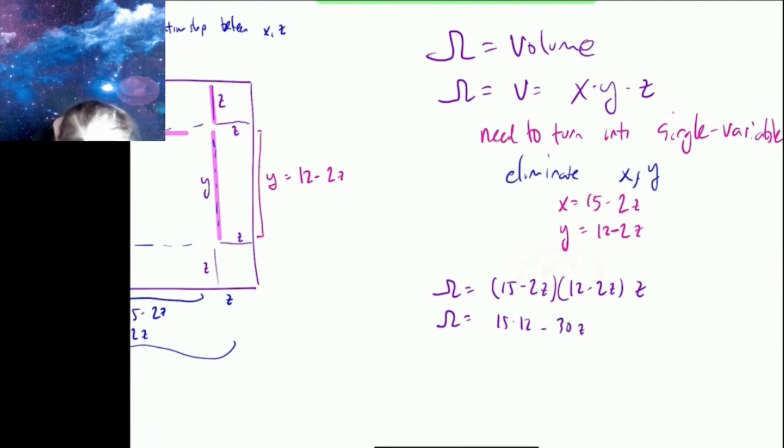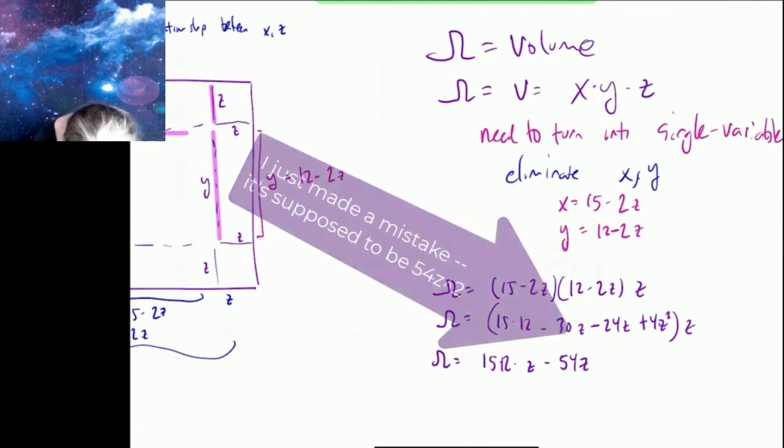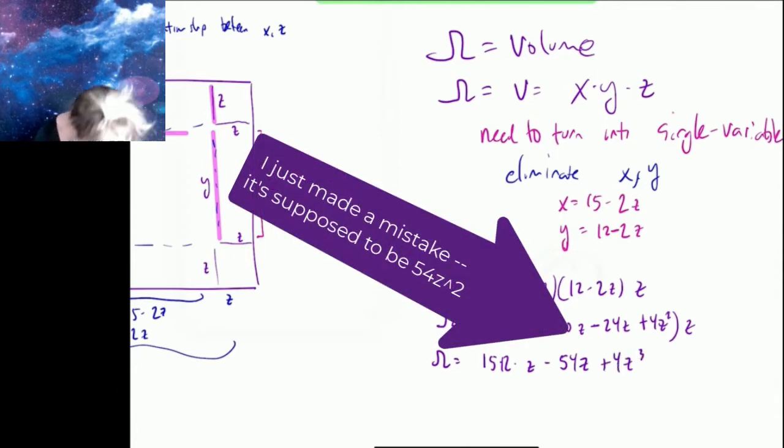Inside, minus 24z plus 4z, all of that in parentheses times z. Oops, squared. So omega equals 15 times 12 times z minus 54z plus 4z cubed.